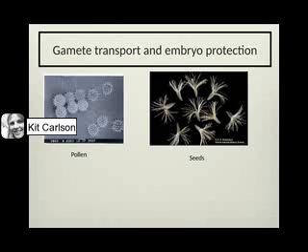Next in the fossil record, we see more efficient ways to transport gametes. Pollen actually contains the sperm cell. Before we see pollen in the fossil record, sperm moved through a film of water. So there was still a requirement for water for these plants, because they had to have water to move their sperm to an egg.